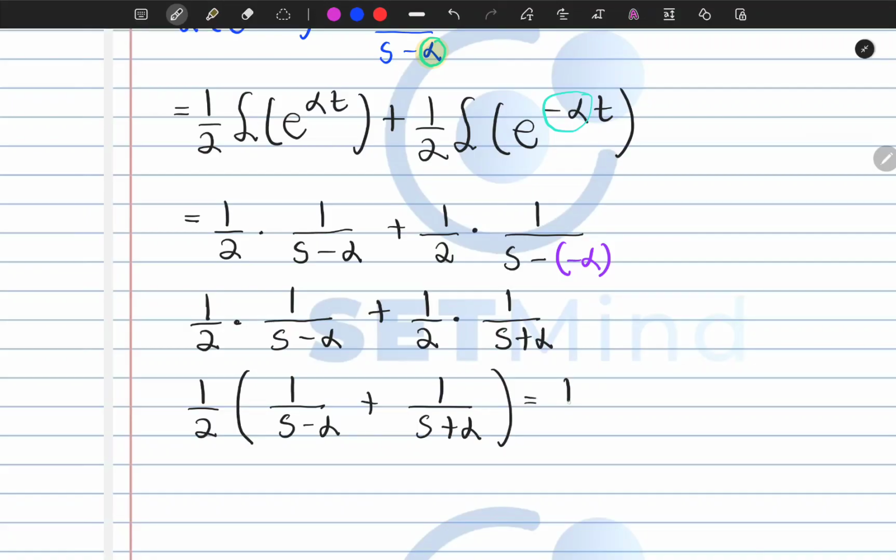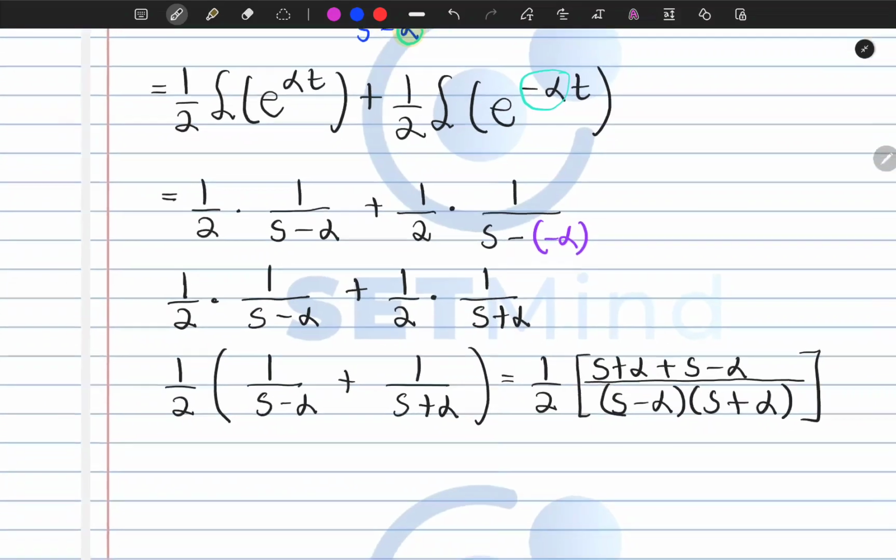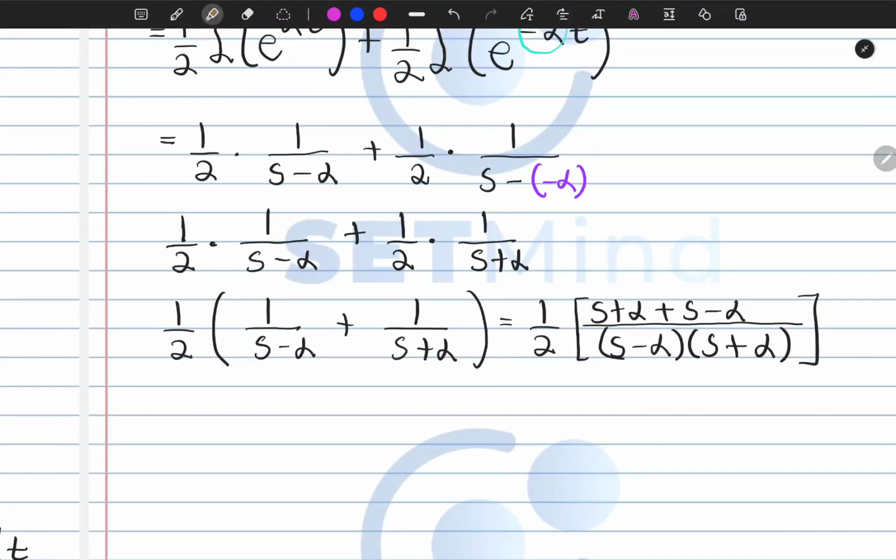And this is just the 2, which I can just make a common denominator, s minus alpha, s plus alpha. Then if you look at the top, we'll have s plus alpha plus s minus alpha. And if you look carefully, there are terms that are going to cancel out. And what we are going to have is a half multiplied by, at the top, 2s divided by s squared minus alpha squared.